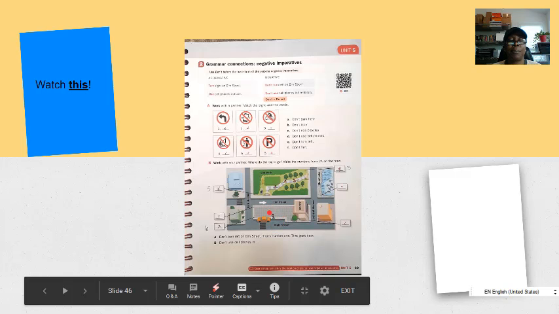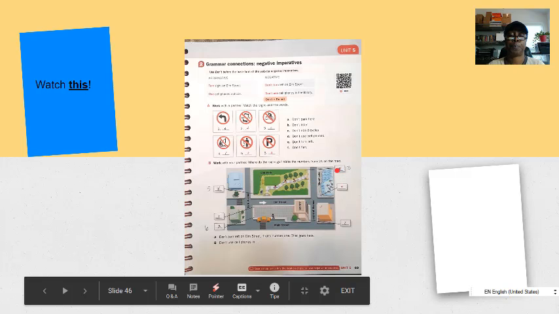But what's this person? This is a police officer giving them a ticket. So because there's a sign that says don't park here and they parked there, the police officer says, oh no, I have to give you a ticket. Okay, so that's why the don't park here sign should be right here.